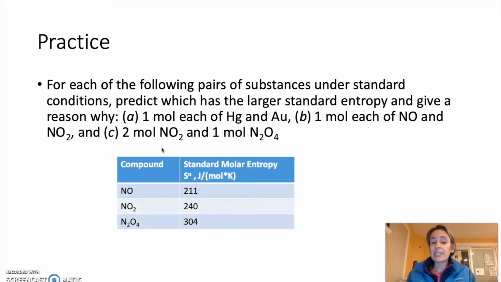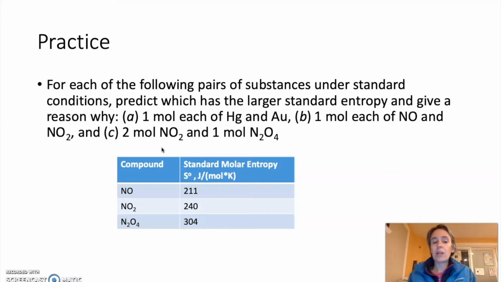And let's take a look at the actual values for these last two examples. We can see that NO2 is greater than NO. And now comparing NO2 and N2O4, on a per mole basis, N2O4 has a higher entropy.